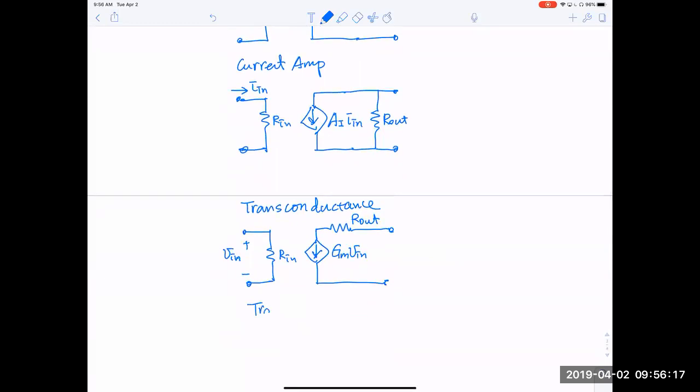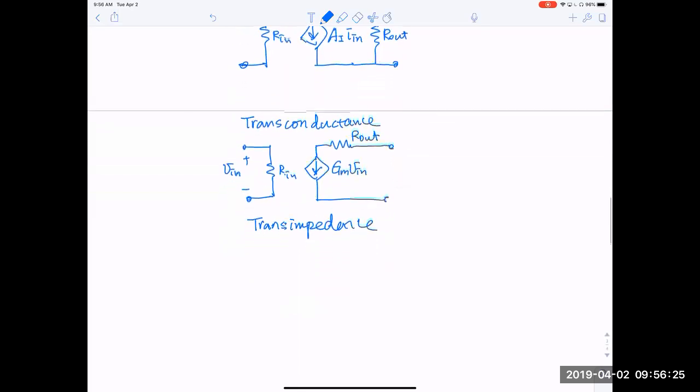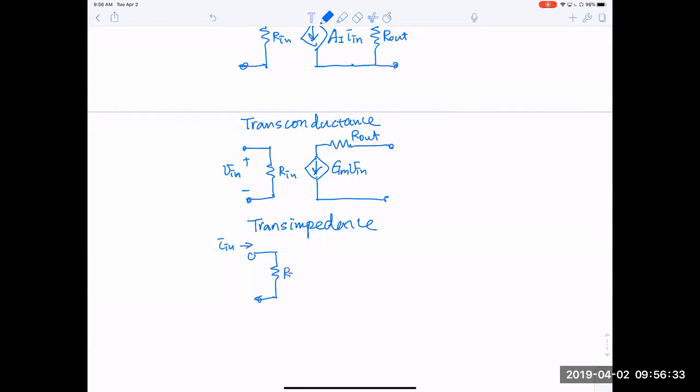So the transimpedance amplifier, which will have current input. So there will be I in, and this is R in, and we have now a dependent voltage source. Sorry, I guess I didn't catch your question.